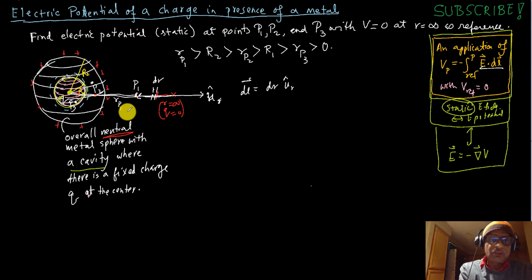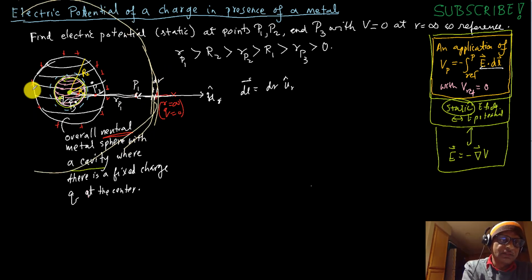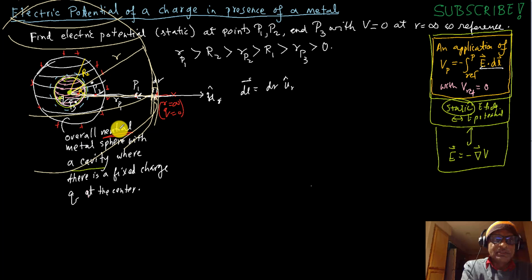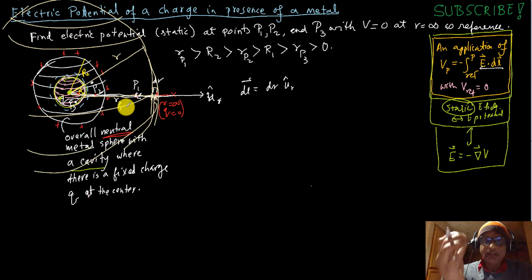Well, you can use Gauss's law. You'll have to imagine a Gaussian sphere of, say, distance from here to here is r, and this little thing is dr at r. So this sphere is just a sphere in space, right?